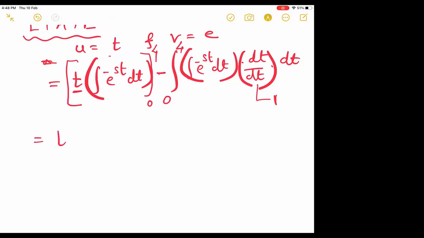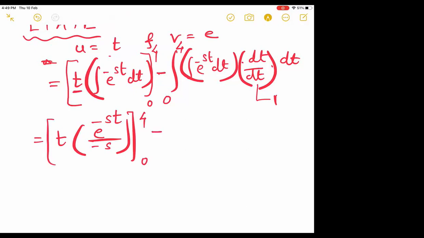So this is t into the bracket of the integration of e raised to minus st, which is e raised to minus st upon minus s, by the rule for e raised to ax, the formula which I have written, in the limits 0 to 4, minus the integral from 0 to 4 of whatever answer you got here, e raised to minus st upon minus s.